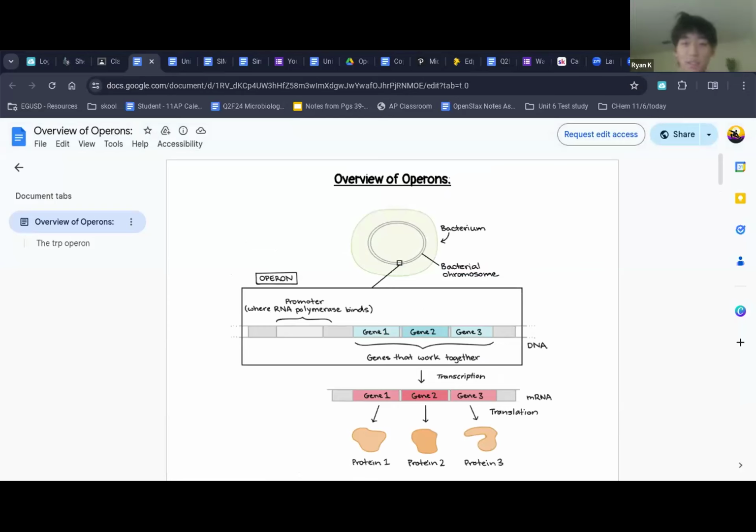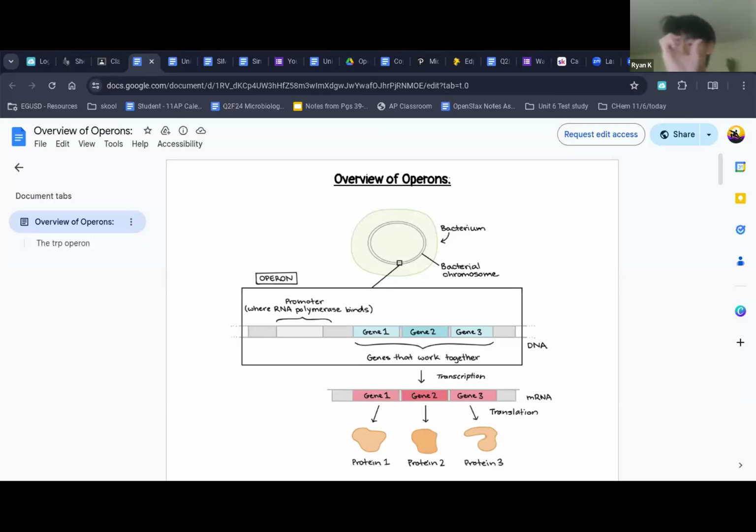So basically, these operons have three main mechanics, which is the promoter, the activator, and then the repressor.